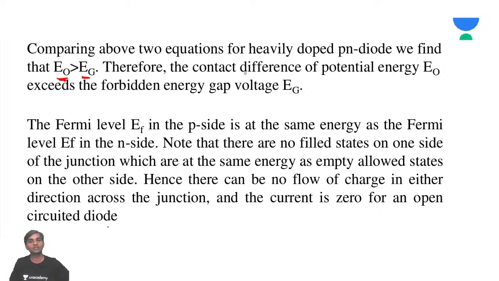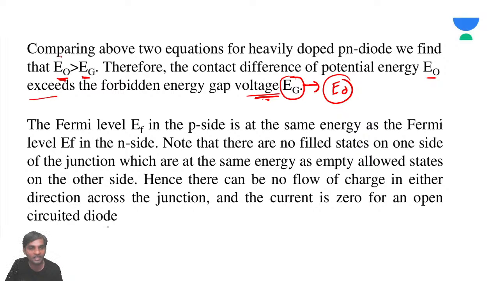Therefore, the constant difference of potential energy E0 exceeds the forbidden energy gap voltage Eg. Generally we consider Eg as E0, but here, for a heavily doped diode, E0 is greater than Eg at equilibrium.